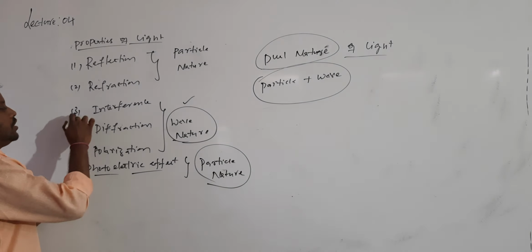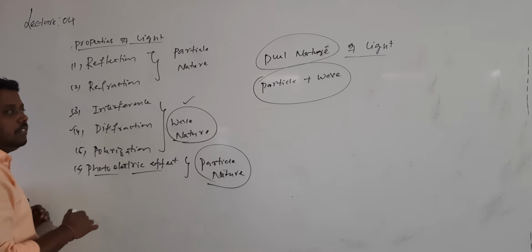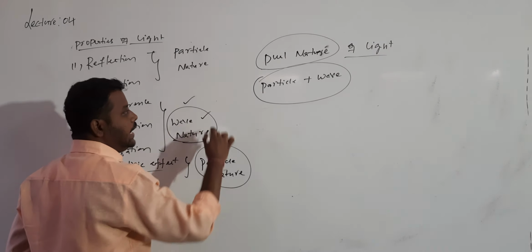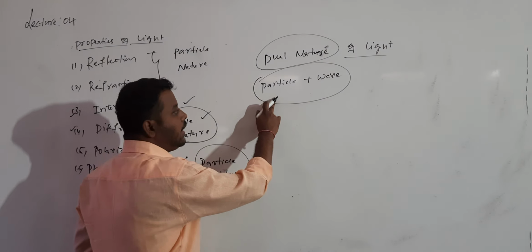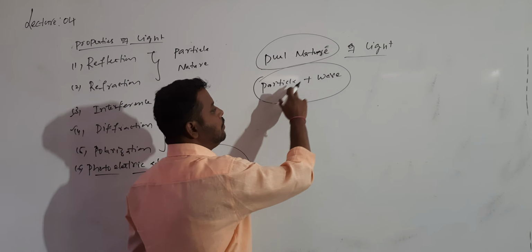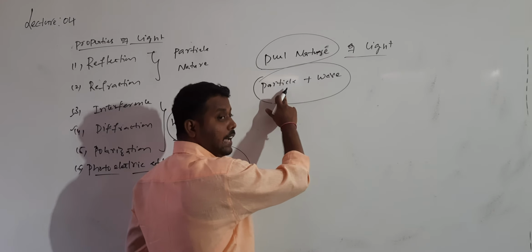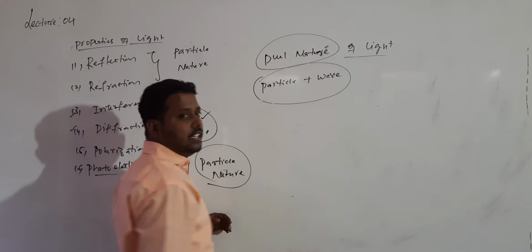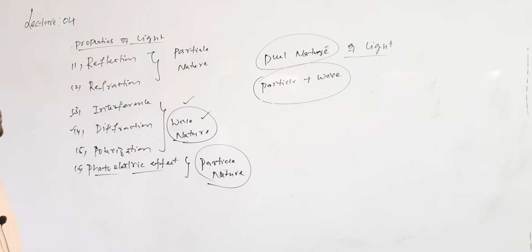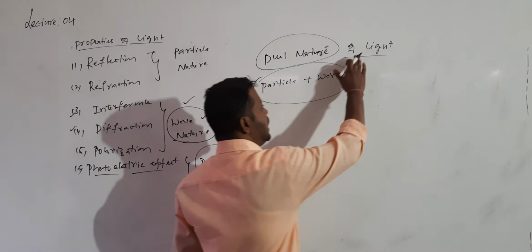But according to earlier chapters, interference and diffraction by Huygens wave theory, light is of wave nature. Both are correct. So sometimes light acts like a particle, sometimes like a wave. Together, light has dual nature. This is called the dual nature of radiation.